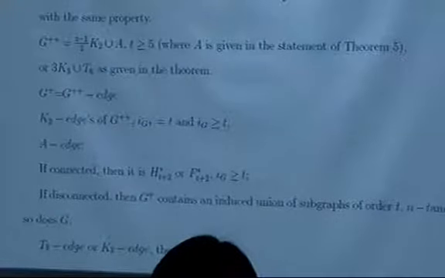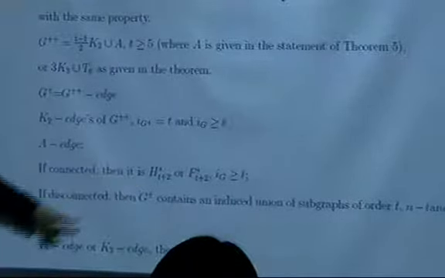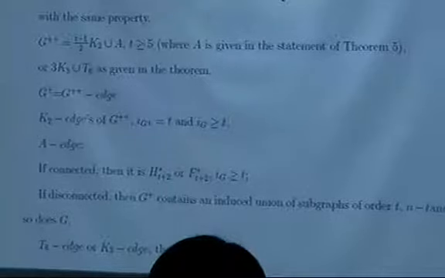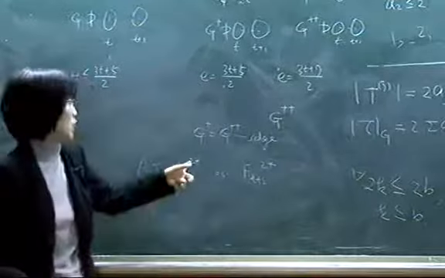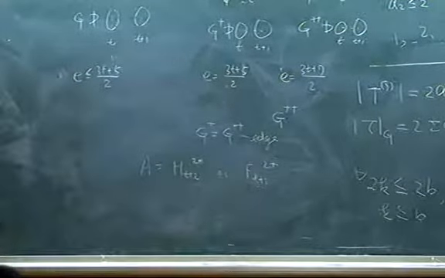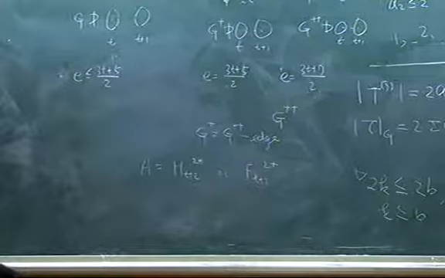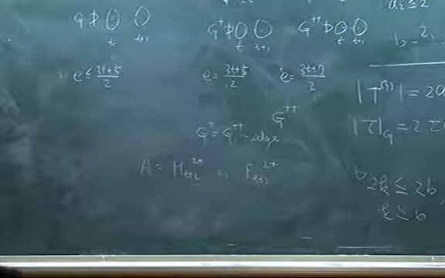If you subtract from A, then A minus H is going to be of that form, because A is like that. So if you subtract one edge, it's going to be like that. Also in that case, by using the lemma, I of G is at least T, so that's a contradiction.